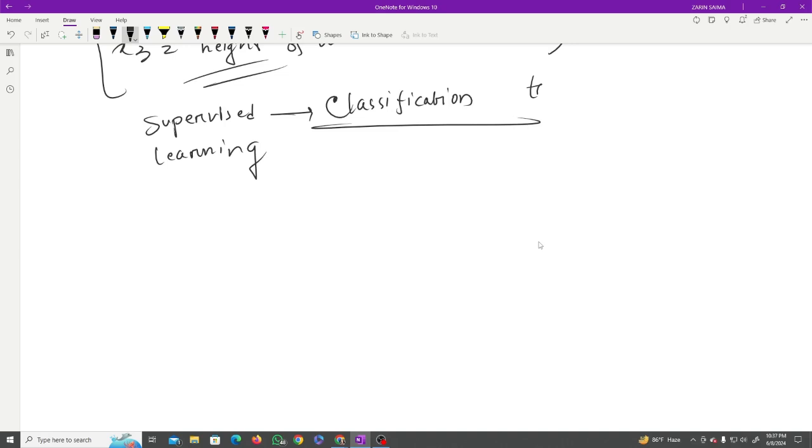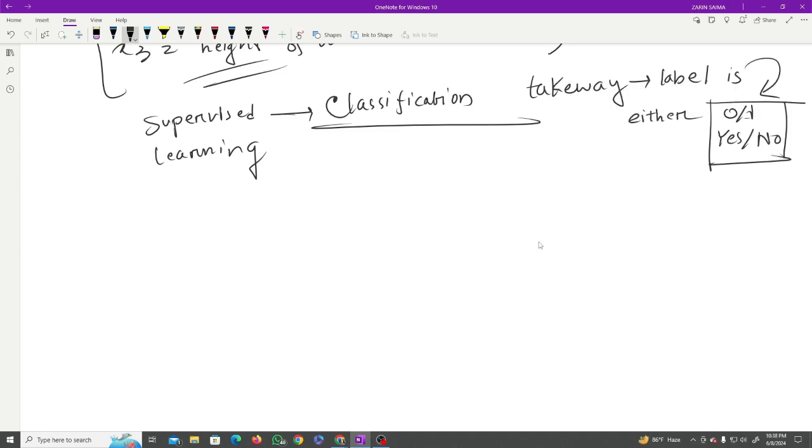You don't have multiple labels for that. You can only have this type of prediction. Suppose you give a data set where you have some pictures of dogs and some pictures of cats. Then you give a new input, suppose a dog picture, which is somewhat different from the other dogs that you have fed in your model, and you want to see whether your model can predict if that is a dog or a cat.